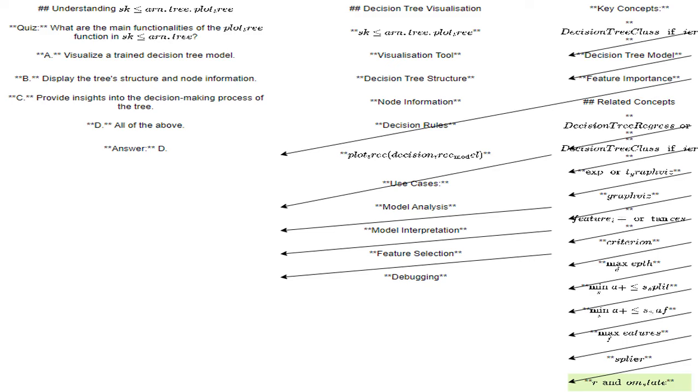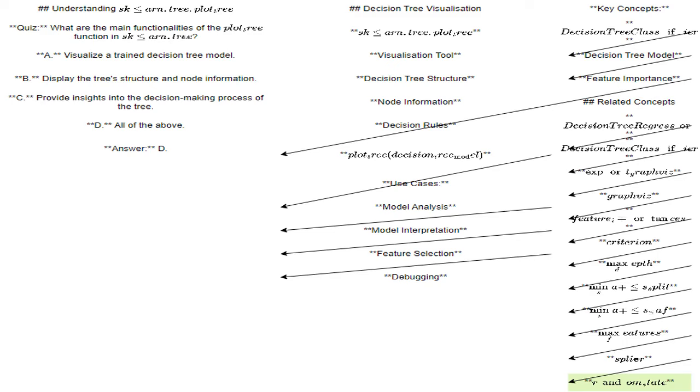max_features: a parameter in the DecisionTreeClassifier and DecisionTreeRegressor classes that specifies a maximum number of features to consider when splitting a node, reducing the number of features considered at each split to improve efficiency and potentially reduce overfitting. splitter: a parameter in the DecisionTreeClassifier and DecisionTreeRegressor classes that specifies a strategy used to split nodes.